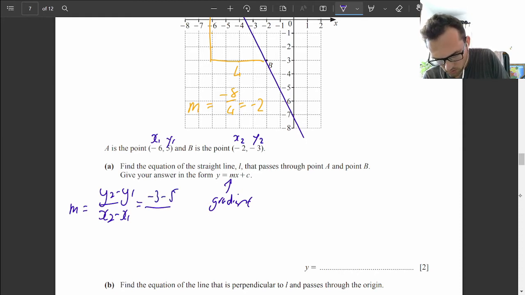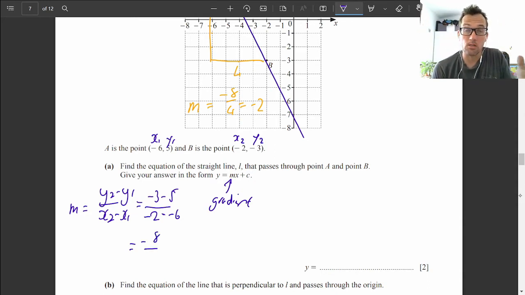And x2 is minus 2, minus 6. No, that is wrong, of course. Minus 3, minus 5 is minus 8. Minus 2, minus 6: 2 negatives is a plus, so minus 2 plus 6 is 4. We get the same gradient.